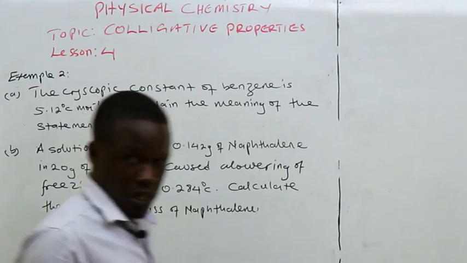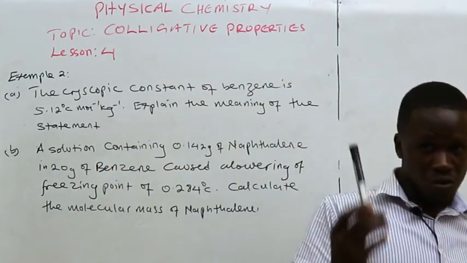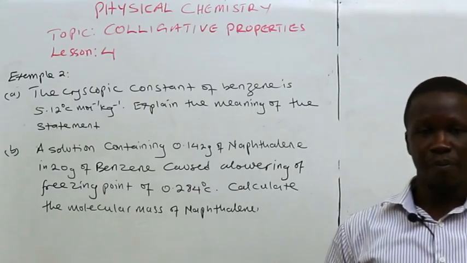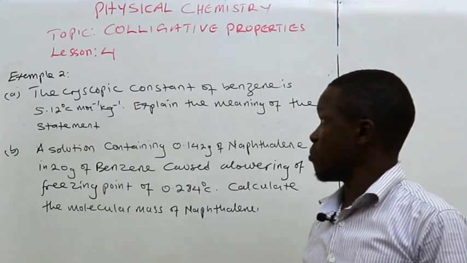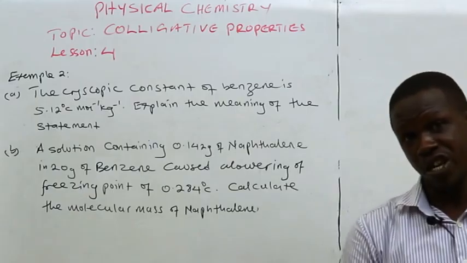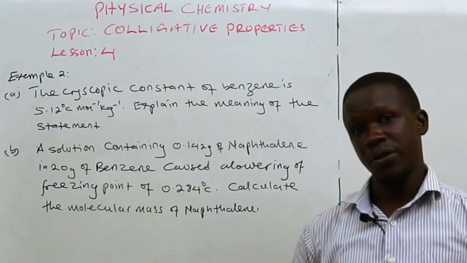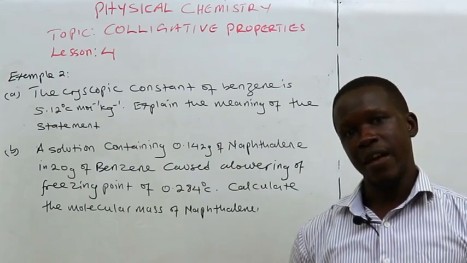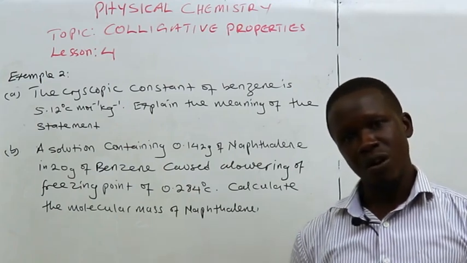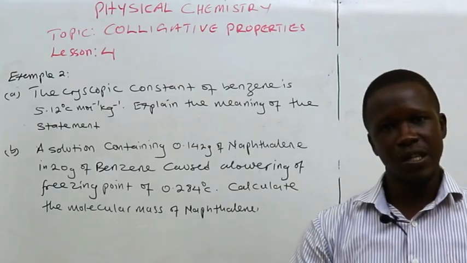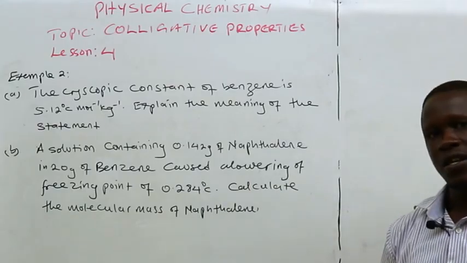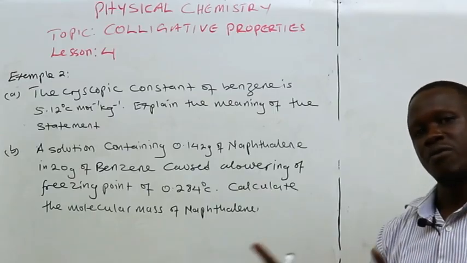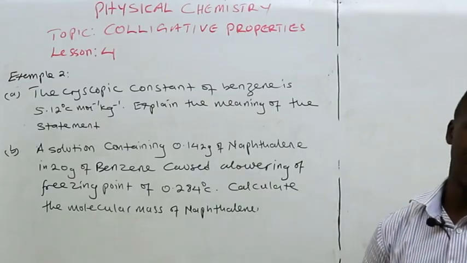This question is someone indirectly telling you, do you know what a cryoscopic constant means? By definition, we say the cryoscopic constant is the depression in freezing point which occurs when 1 mole of a non-volatile solute is dissolved in 1,000 grams of a pure solvent.